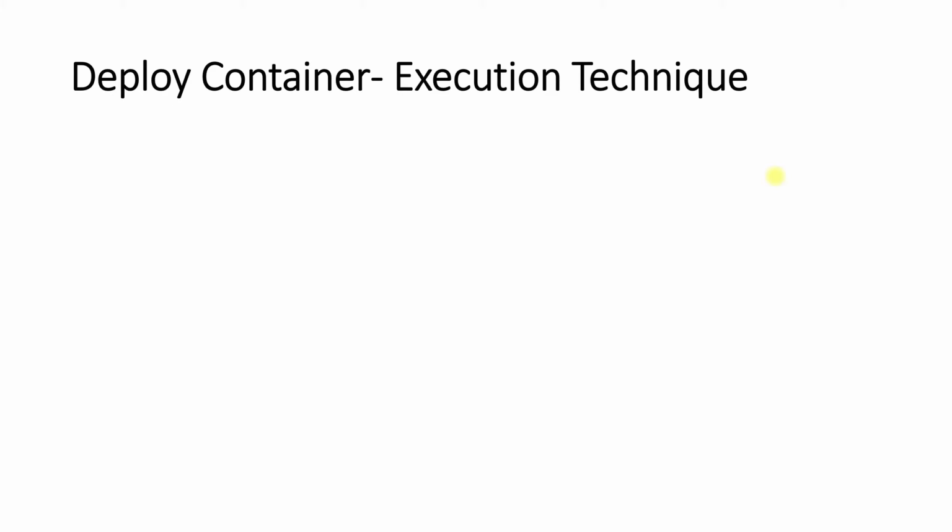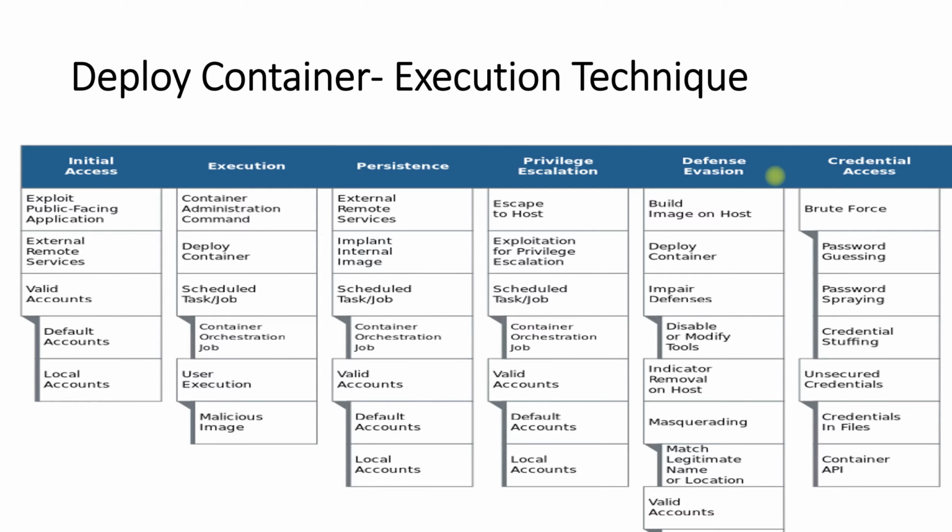First thing we need to understand: deploy container is a technique under the objective called execution. So initial access may be gained using public facing applications, and valid or default credentials will lead the attacker to have an initial foothold in the orchestration environment.